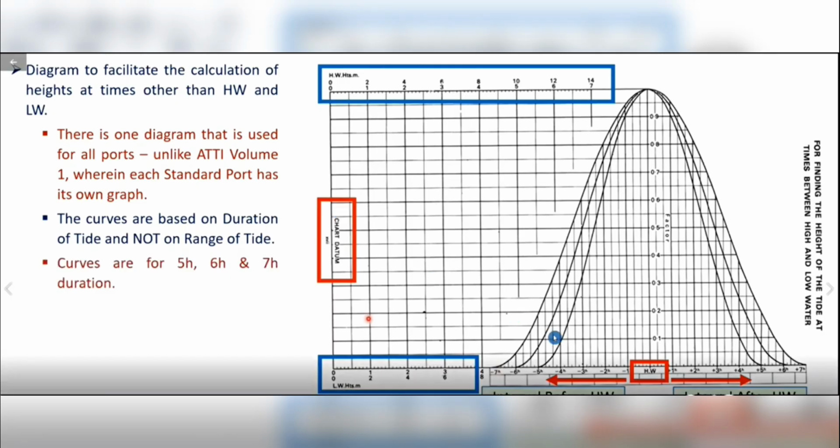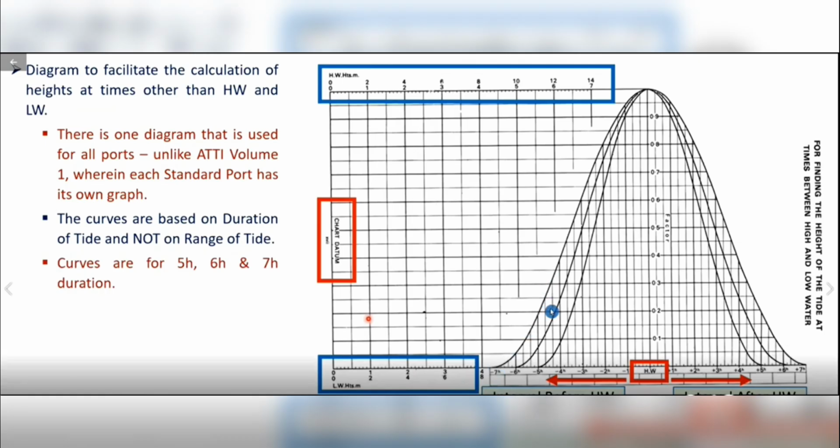Okay. So beta, you see these 3 curves. So this is understood now. These are based on the duration of tides. For 5 hours, we use the innermost curve. For duration of tide which is 6 hours, we use the middle curve. And for a duration of 7 hours, we use the outermost curve.